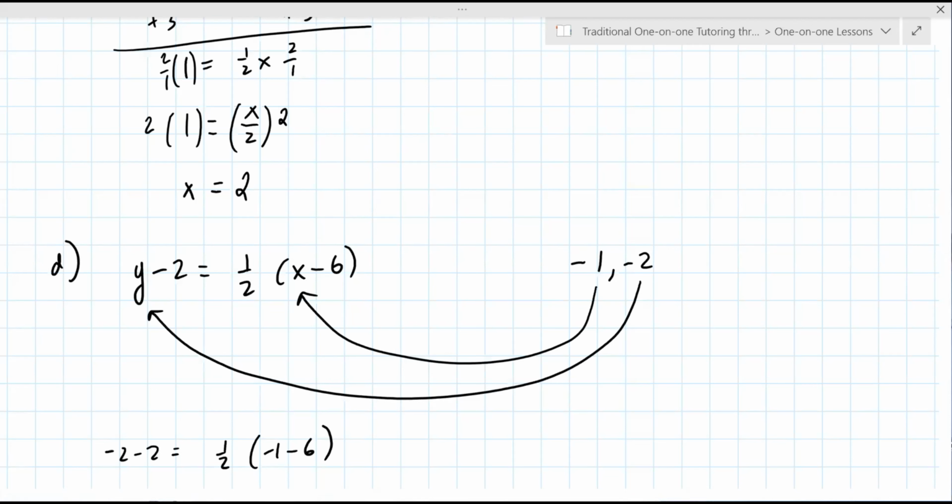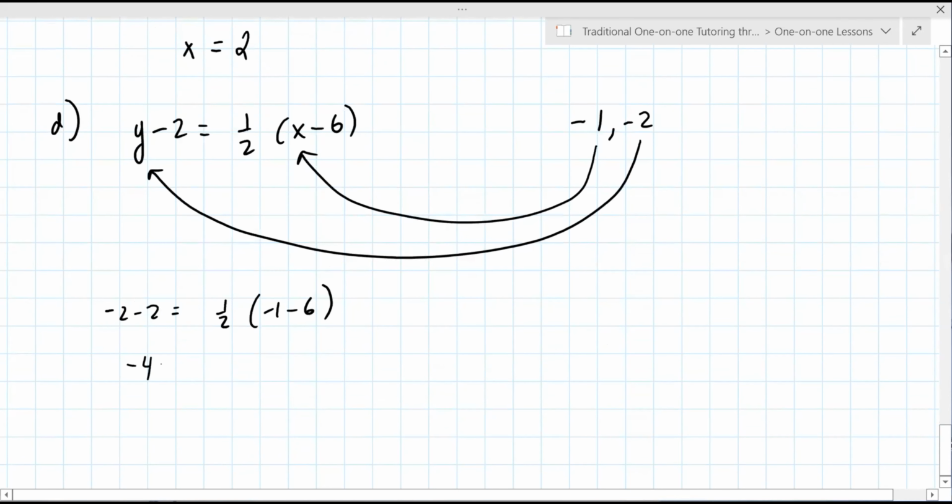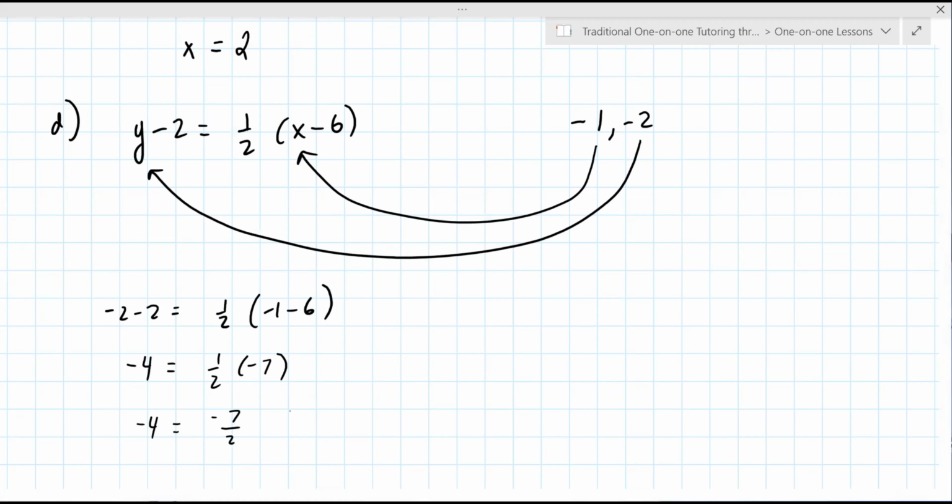Yep. So then that would be -2 equals 1/2... Okay, I'm not positive if I got this one right. Do you have the same last line as me?